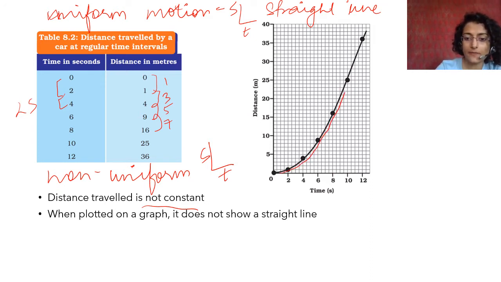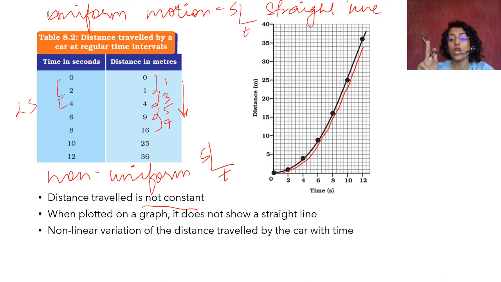In this case the distance is increasing, so it shows this kind of a curve. This is a non-linear variation of distance. In uniform motion there was a linear variation, they were directly proportional. Here they are not directly proportional, they are non-linear. The variation of distance with time is non-linear.